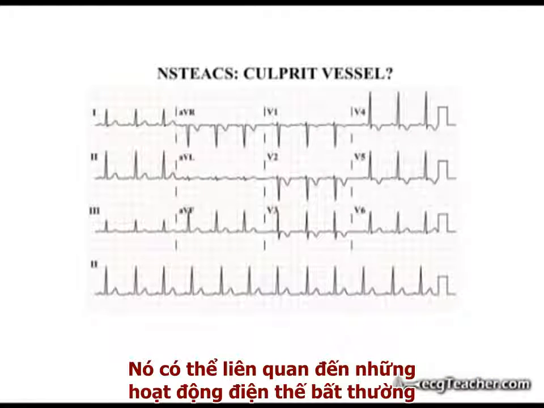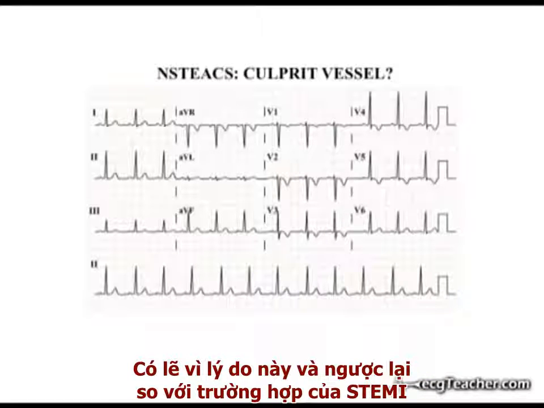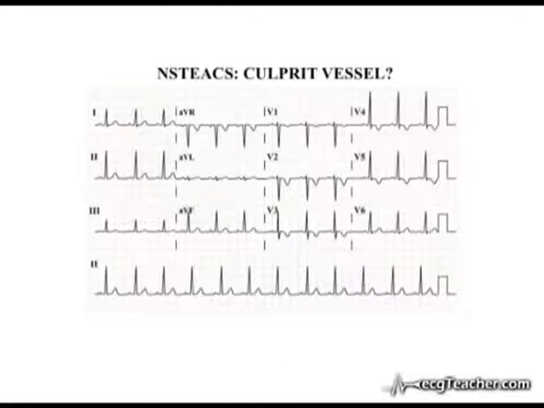They may relate to abnormal electrical events at the margins between ischemic and adjacent normal regions of myocardium. Perhaps for this reason, and in marked contrast to ST elevation MI, the distribution of the ECG changes among the leads correlates poorly with the vessel obstructed.